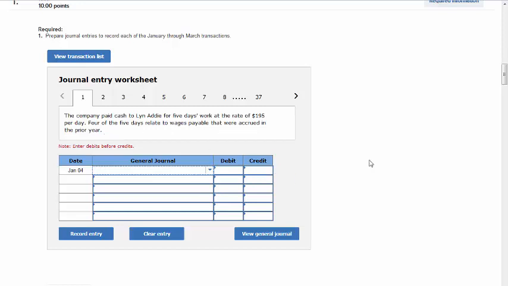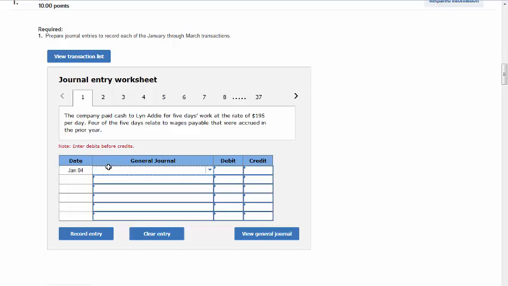So, what are we going to do? We will analyze it, and because 4 of the 5 days relate to wages payable, that means an adjustment was prepared previously in 2015. An accrual adjustment was set up in the form of wages expense and then a credit to wages payable. So now we're going to pay that off.